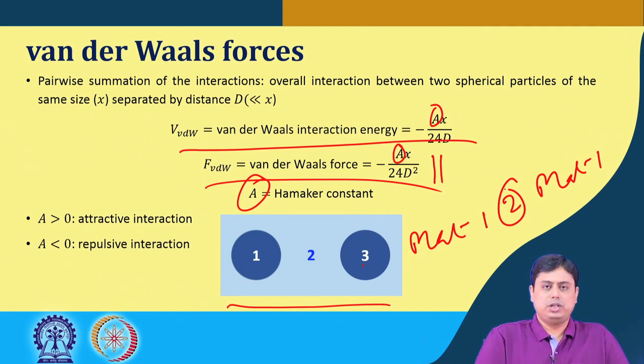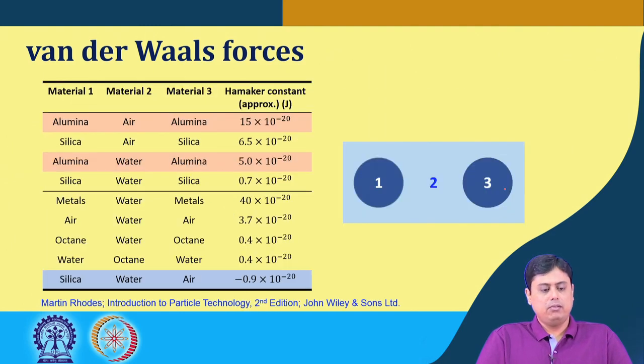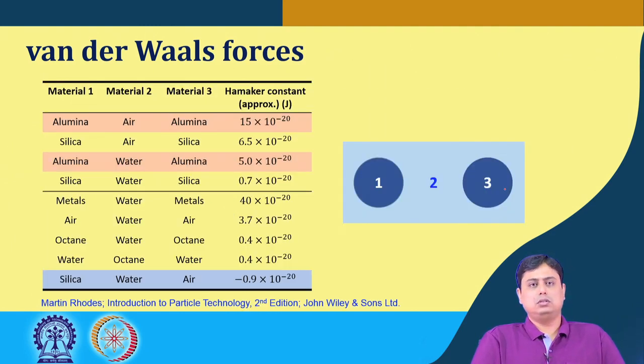But this is a more generic configuration, say two different particles separated by an intervening medium. The Hamaker constant is calculated based on such a scenario. Now typical values of these Hamaker constants are given in this table.